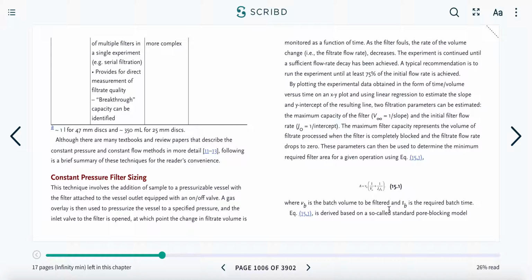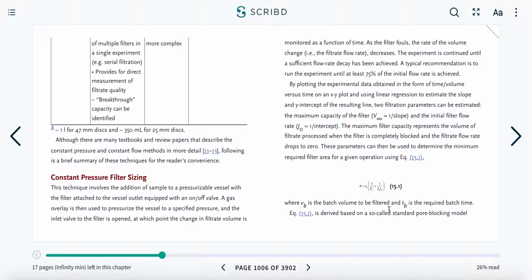So basically, by plotting the experimental data obtained in the form of time over volume versus time on x and y, and using linear regression to estimate the slope and y-intercept of the resulting line, two filtration parameters can be estimated.